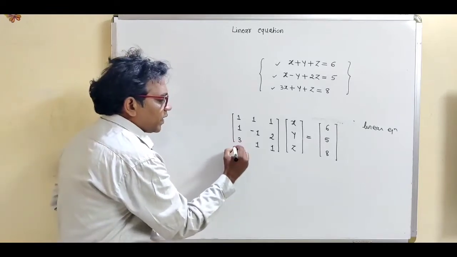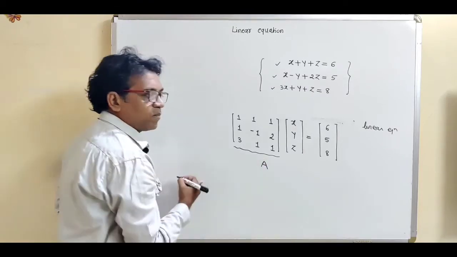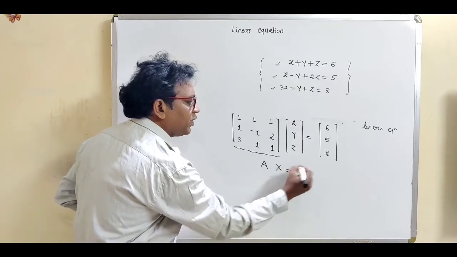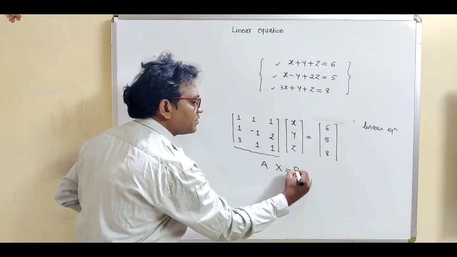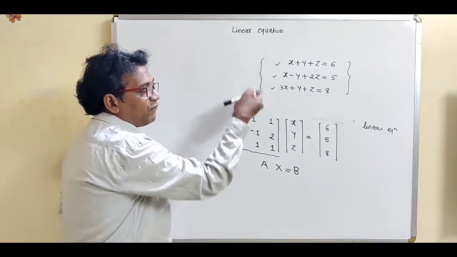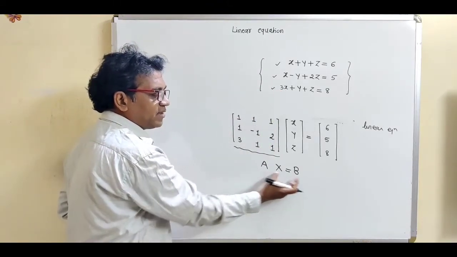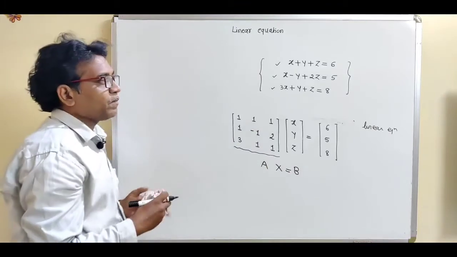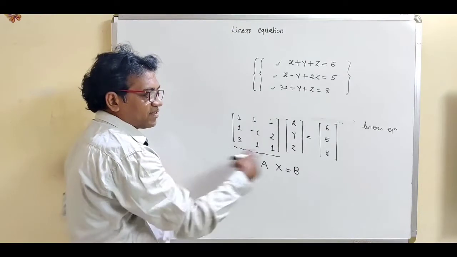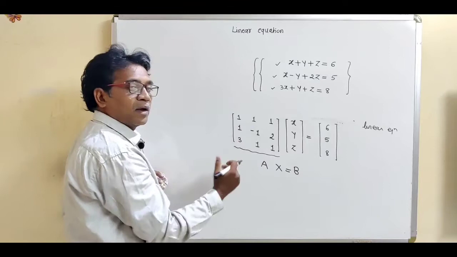Now suppose we denote the first matrix by A, the second matrix by X, and the last matrix by B. So we can say that every system of linear equation can be transformed into matrix notation AX equal to B. Both are the same form, the first in linear equation form and the second in matrix form.